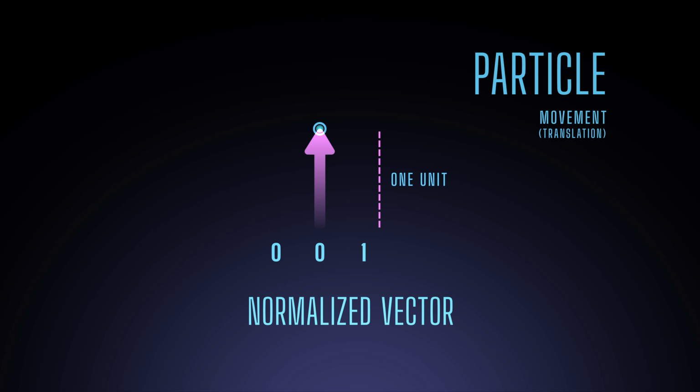Now, if this was pointing directly up, which in Unreal is the z-axis, it would be at position 0, 0, 1, because we're just going up 1 unit on the z-axis. If we're pointing in the x-axis, that's 1, 0, 0. Pointing on the y-axis, that's 0, 1, 0. And of course, it can rotate anywhere around that 0, 0, 0 point to give us a direction.